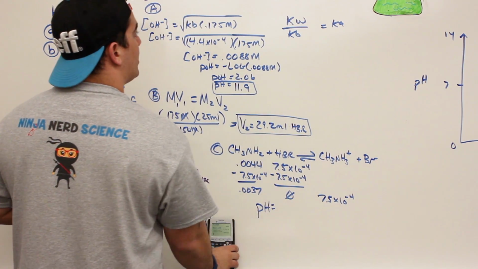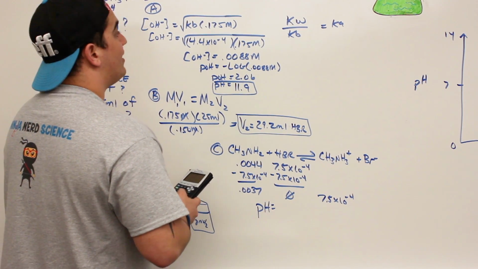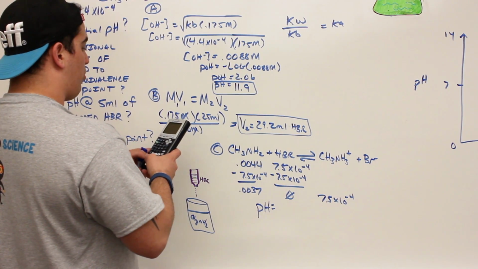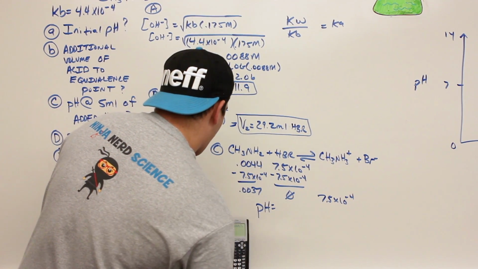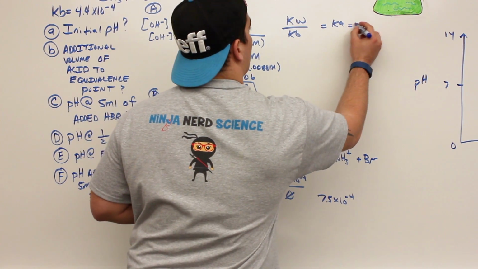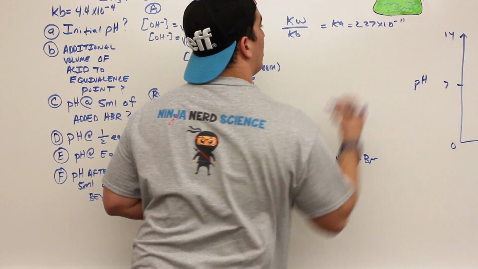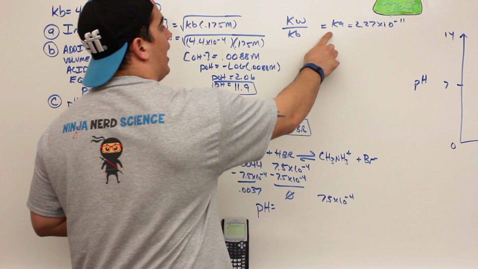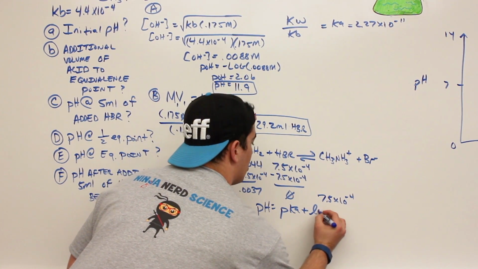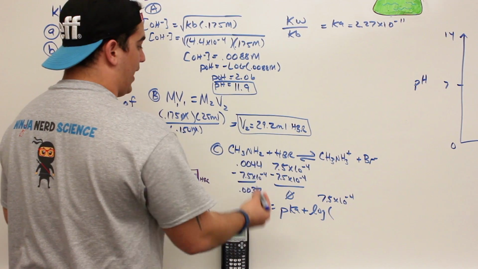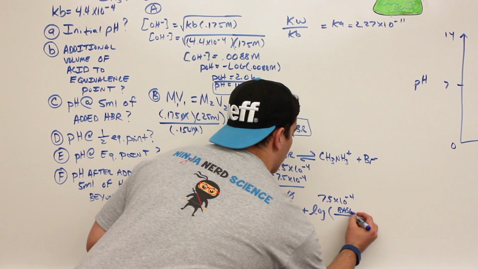So let's do that real quick. What is that? Kw is always a constant, 1.0 times 10 to the negative 14, divided by Kb in this case, which is 4.4 times 10 to the negative 4. And out of this, I get 2.27 times 10 to the negative 11. Okay, cool. So that gives me my Ka. But I want pKa because that's what the formula uses, right?